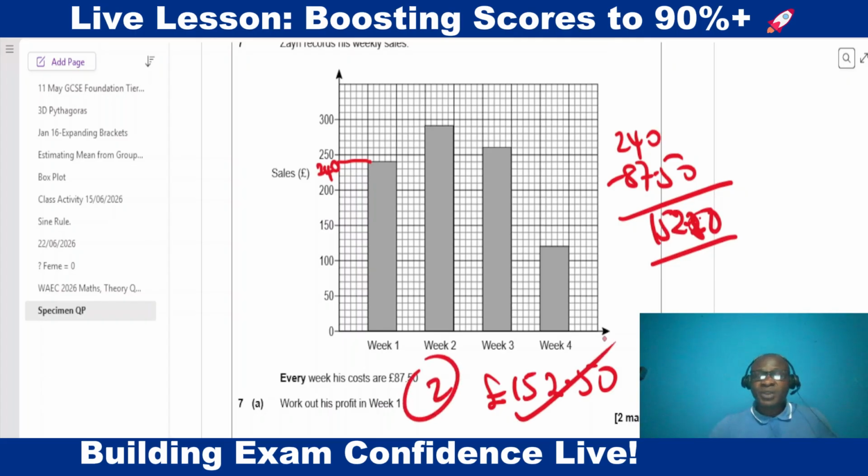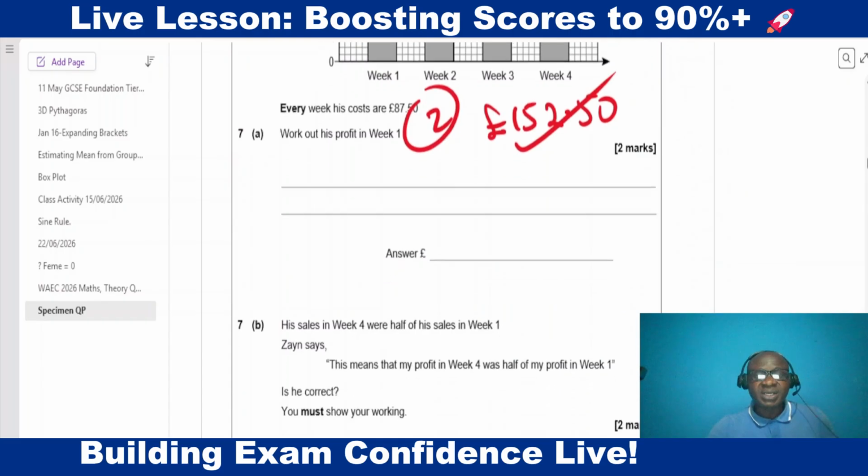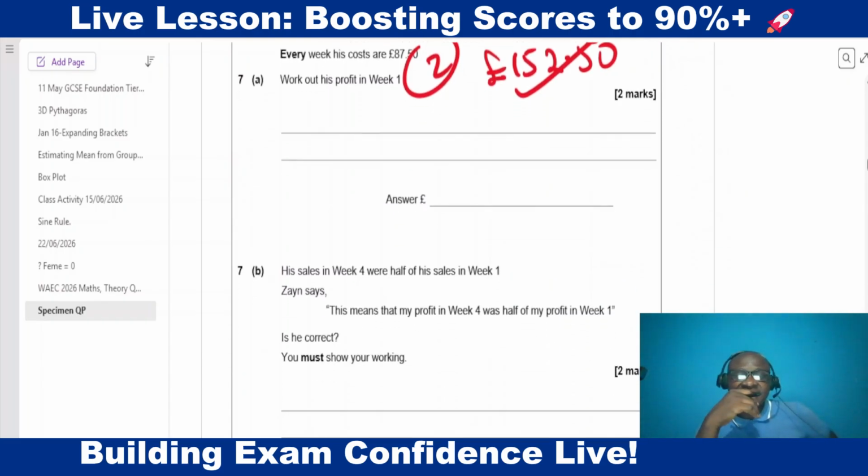Then what about 7B, where they said, okay, half the money for week four is what they got in week four. That is, half of week one is week four. Therefore, the profit also will be half. Is it correct?